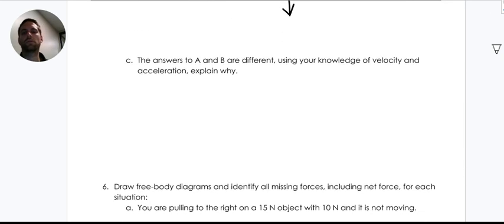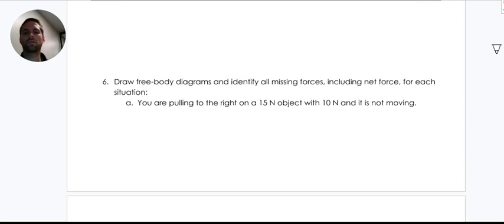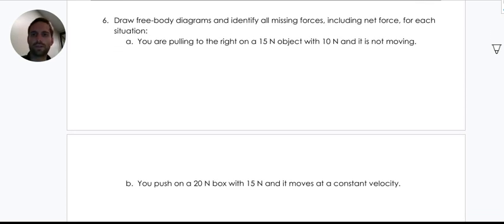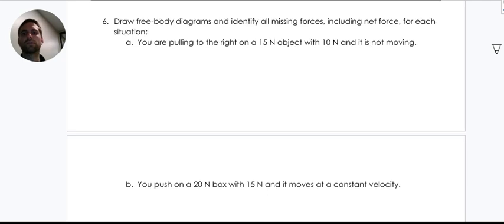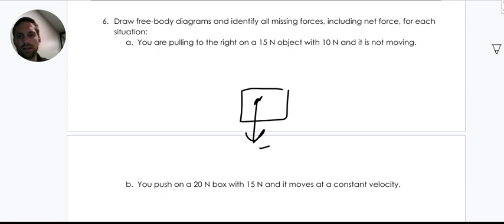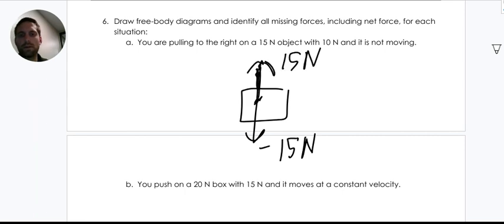All right. So for number 6, we'll draw another couple of diagrams. If it's a 15 newton object, that means that it has a weight of 15 newtons going down and a 15 newton normal force going up.